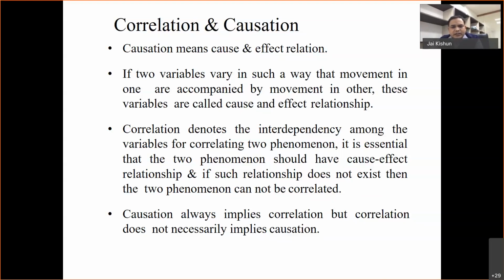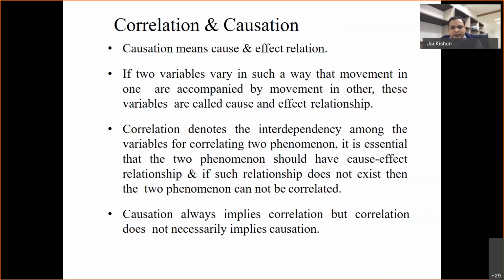There are many reasons for this. I will give some examples, because the correlation may exist either due to random chance or due to third factors which influence it. Because of that, the relationship between the two variables may occur.